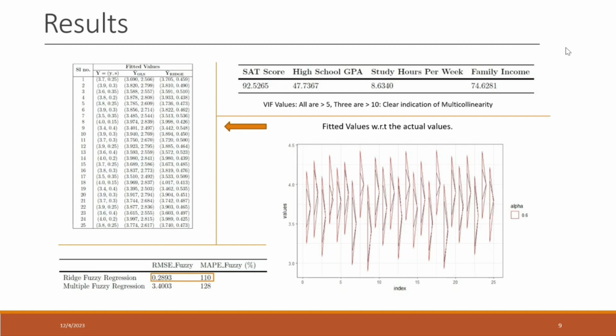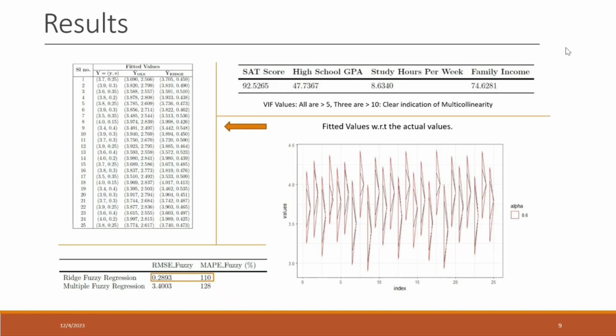So it is better to look at the visual representation on the right end of the slide, where the black triangles are the actual data points as triangular fuzzy numbers, and the reds are the estimated ones. At the top you can see the VIF values for the independent variables, the variance inflation factors. All are greater than 5, some are greater than 10 also, which serves as a clear indication of multicollinearity present in the x variables.